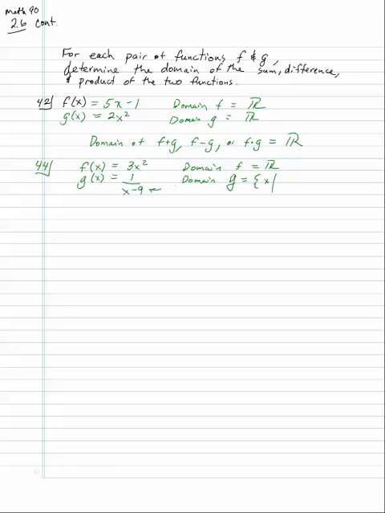The domain is the set of all x such that x is a real number and x cannot equal 9. Now the overlap of these two domains would be just the same as the domain for g. The domain of g is all real numbers except that one spot where x equals 9, and the domain of f is everything. So what do they share in common? It'll be everything but x equals 9.